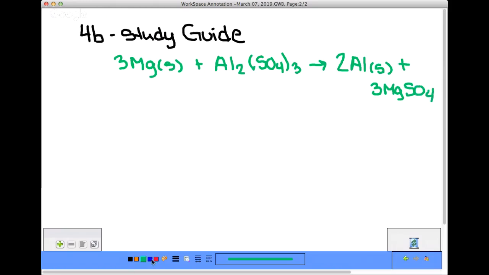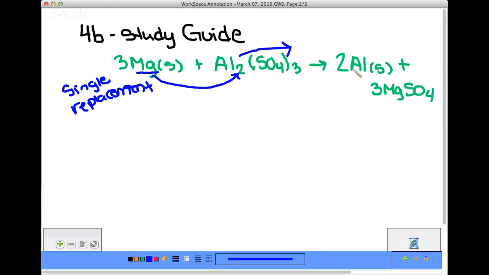This reaction is a single replacement. Magnesium forms a bond with the sulfate, and then aluminum gets by itself. One thing replaces another, and that's a single replacement reaction.